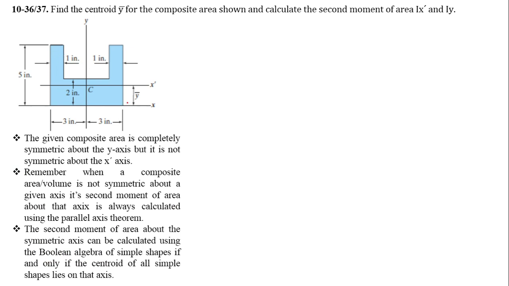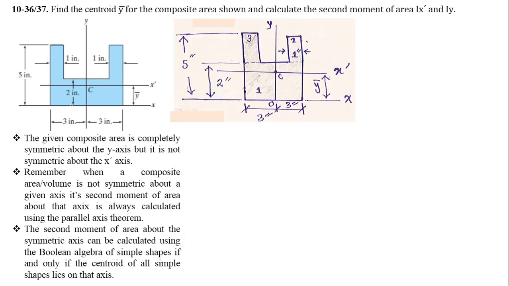So in order to calculate Ix prime and Iy, we first have to locate the centroid of this cross section. Okay, so let's divide this entire cross section into simple shapes. I have considered this portion as constituent number 1 or shape number 1, which is the larger rectangle having dimensions of 2 inch and 6 inches.